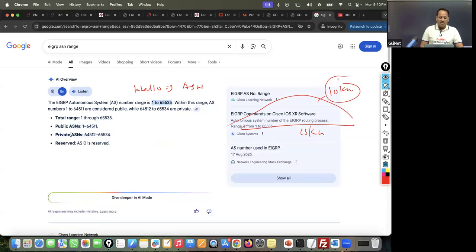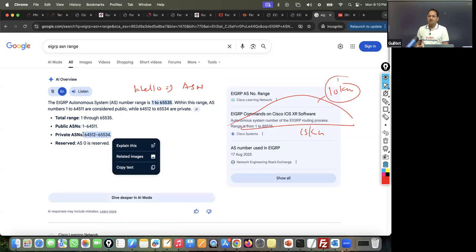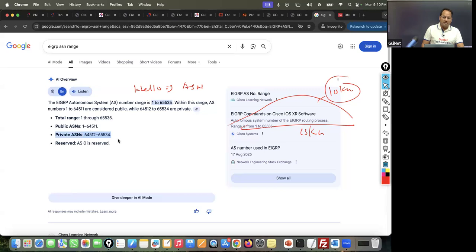Whenever you configure EIGRP, you just use this range. Generally we configure the private AS number only. If you use the public one, it is routable on the internet, but you don't have to, because in 99% of cases EIGRP runs in the LAN. So you can use any AS number in this range except 0, but it is recommended to use the private one. But in a lab you can use anything.